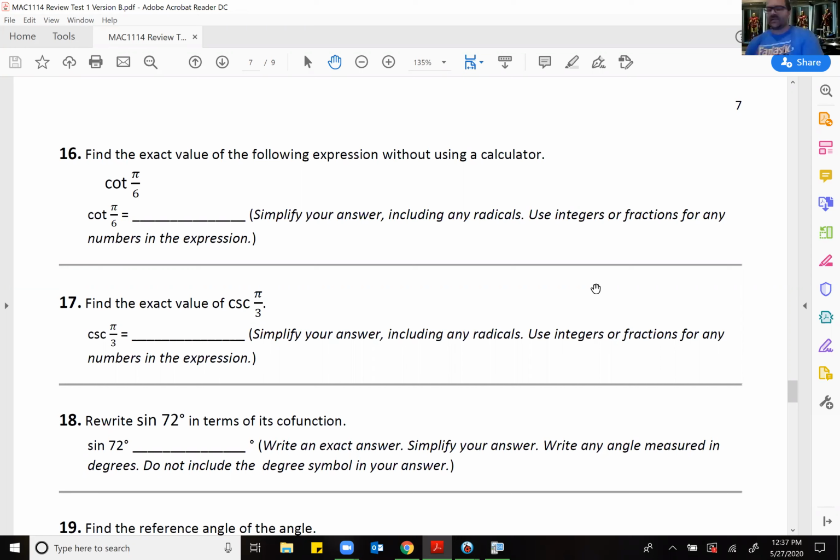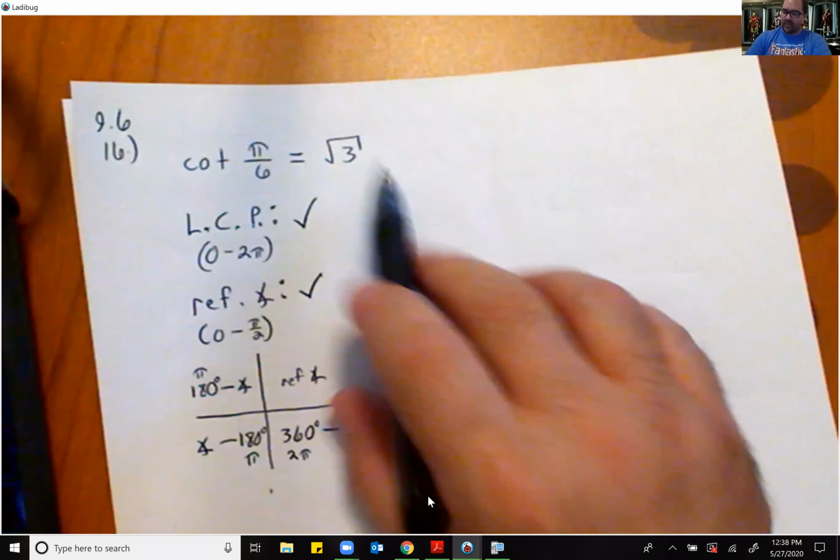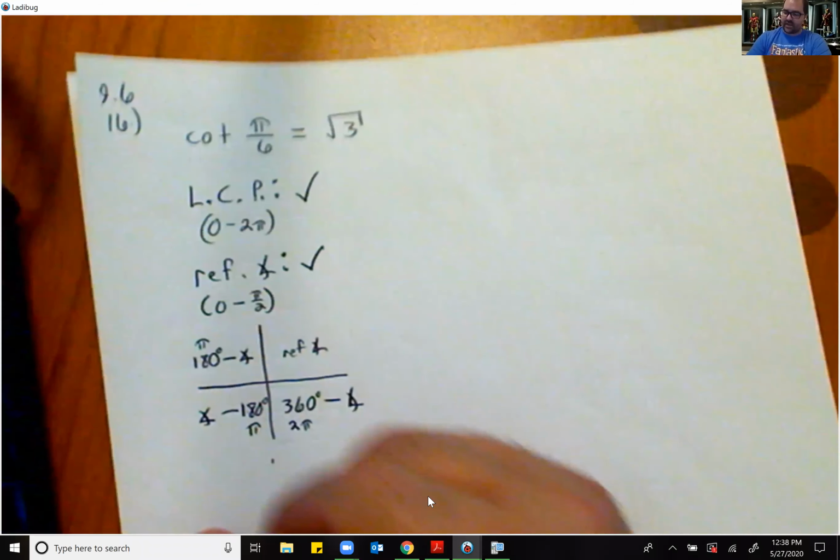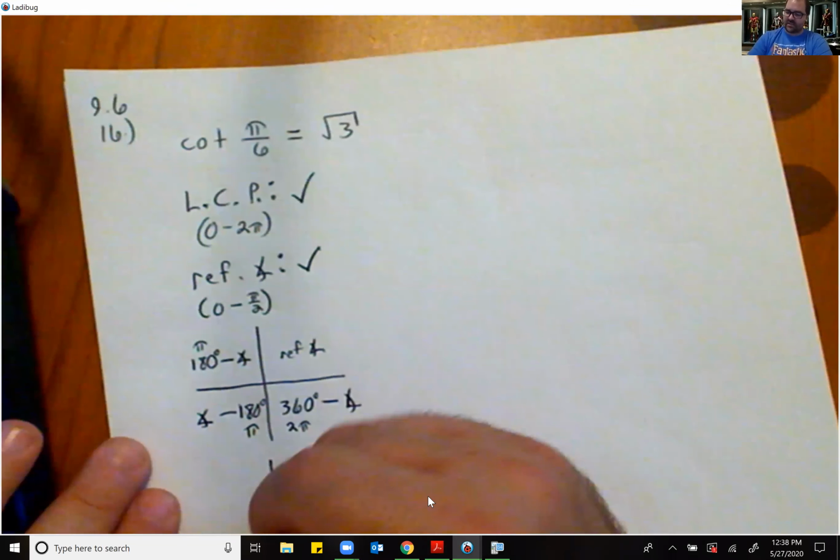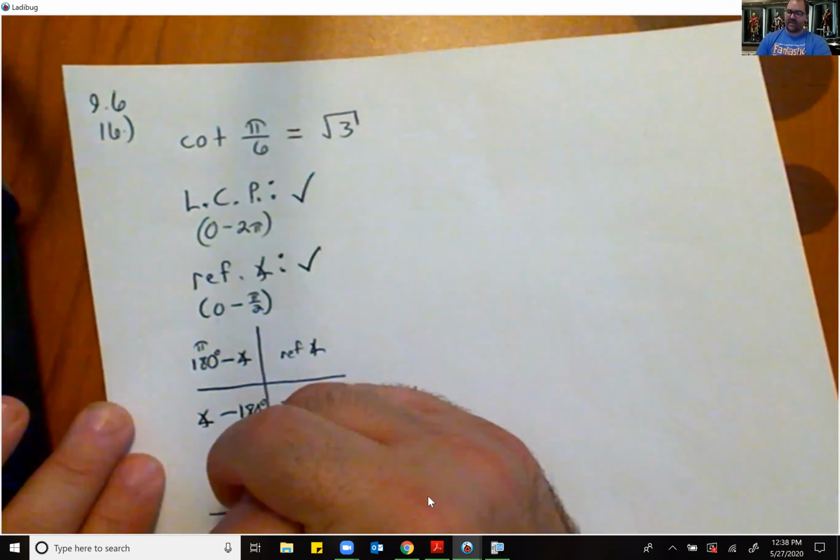And then the last thing you would want to know is, what is the sign of this? Well, remember, cotangent pi over 6 is the square root of 3. And then remember, all students take calculus. That's what's going to tell you the signs. And that's my last step.